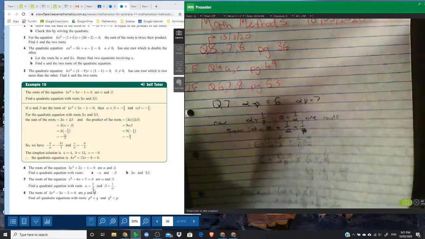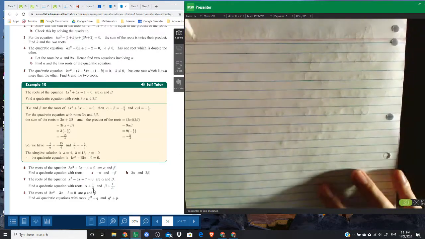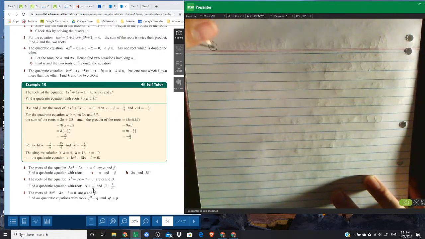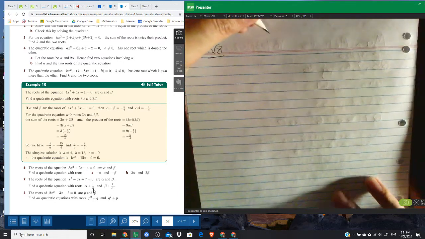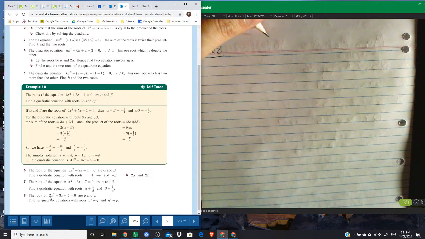All right. Similarly for question 8. So we're looking at this one here. That one there. 2x squared minus 3x minus 5.